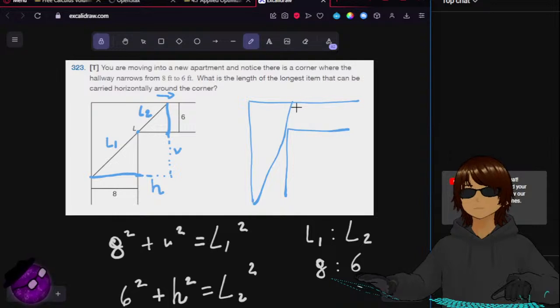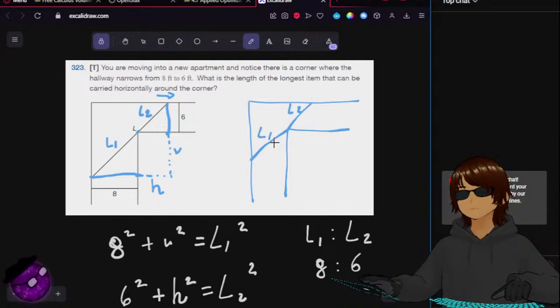In order for it to pass through, I think the ratio between L1 and L2 has to be 8 and 6. Maybe?